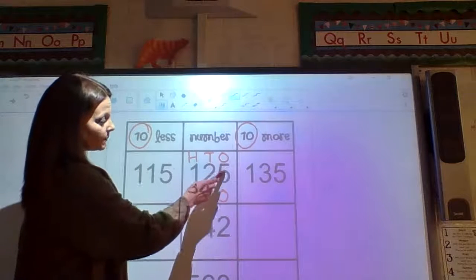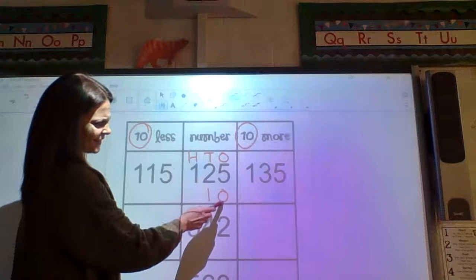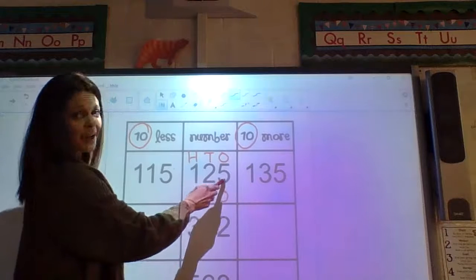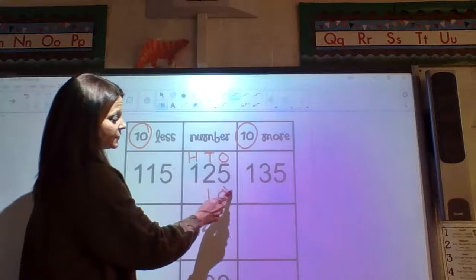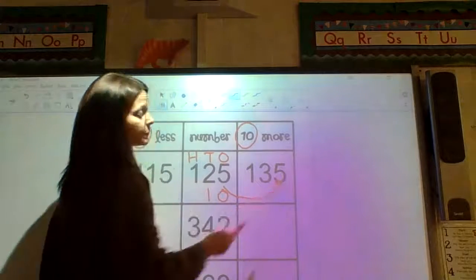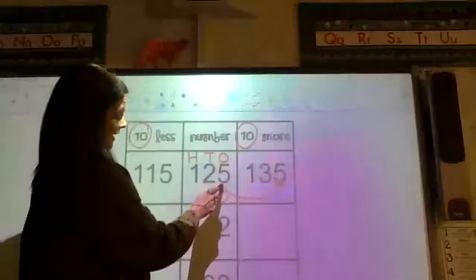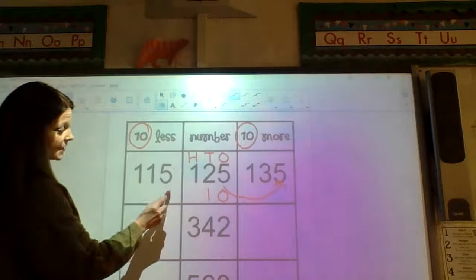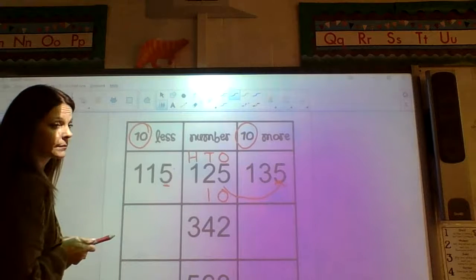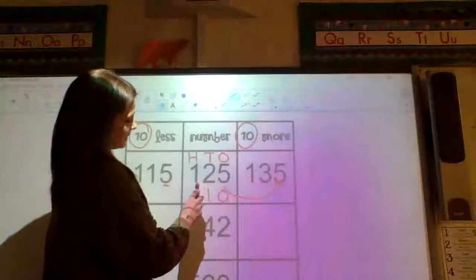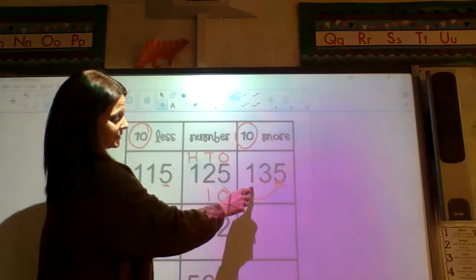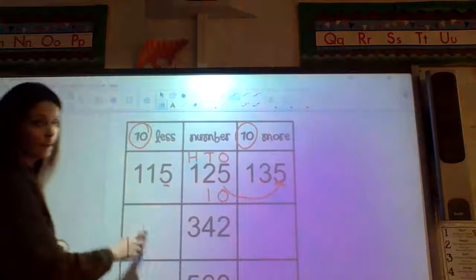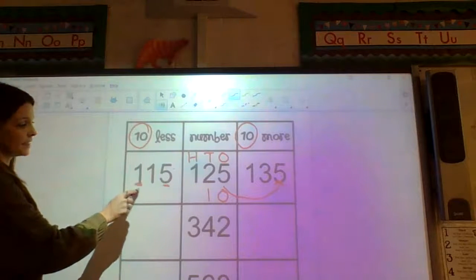Well, I know in my ones, if I'm adding 0 to a number, I'm just going to have the number. So my 5 is going to stay the same. I see that I'm not doing anything to my 1 here, so my 1 stays the same.